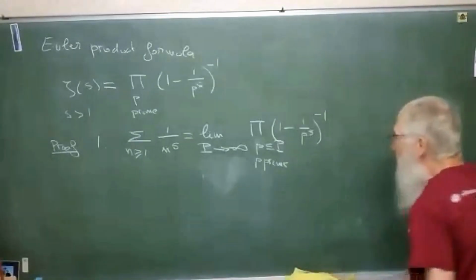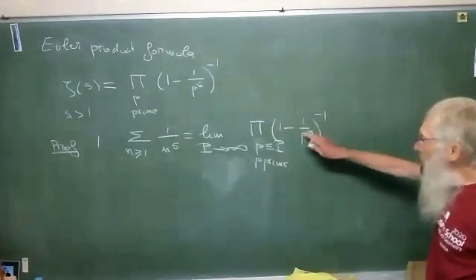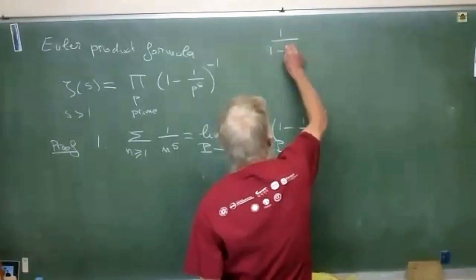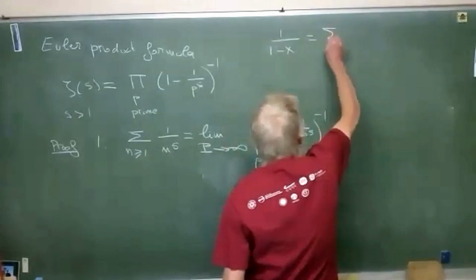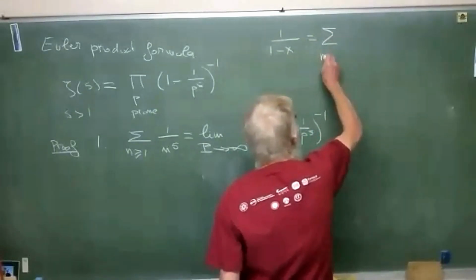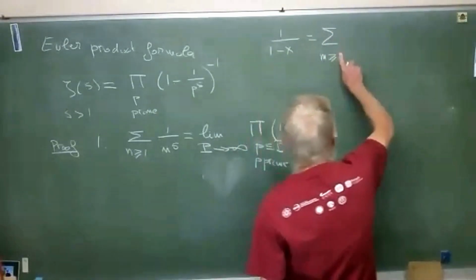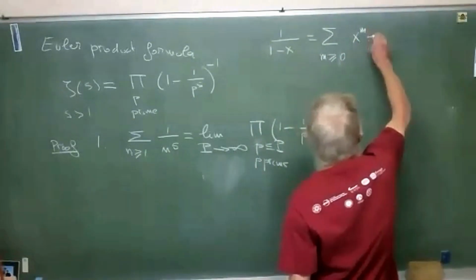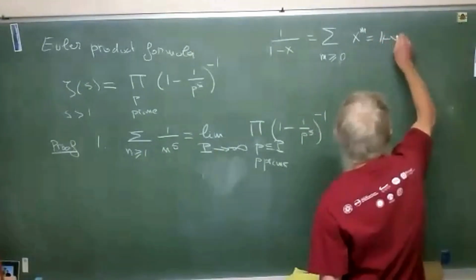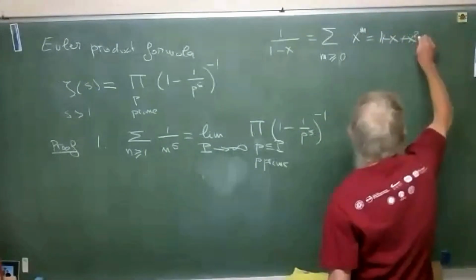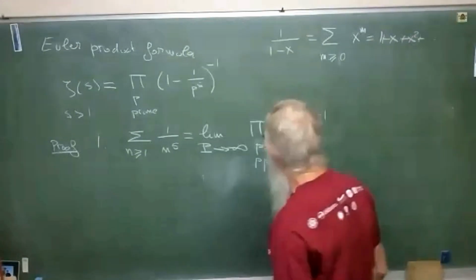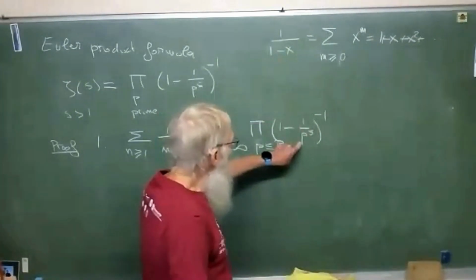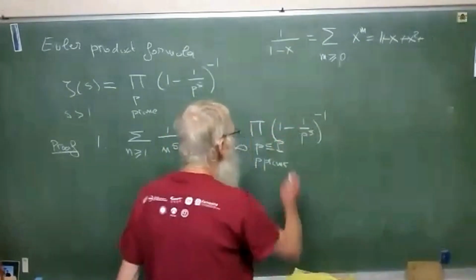So let us start with this step. And the proof runs as follows. We have 1 over 1 minus x, and this is a formula which we use quite often, which is the sum for n greater than or equal to 0 of x to the n. So it is 1 plus x plus x squared, and so on. And the x which we have here is 1 over p to the s.